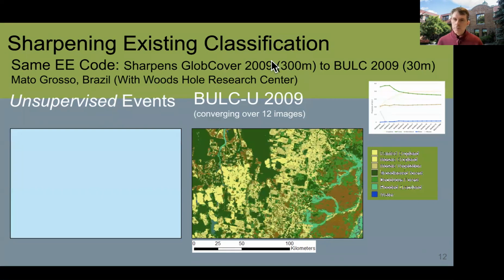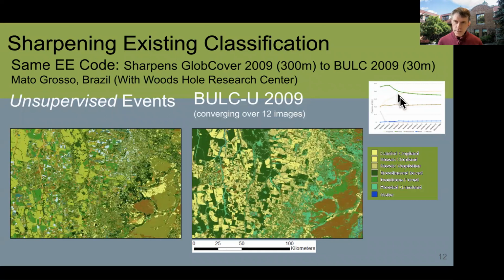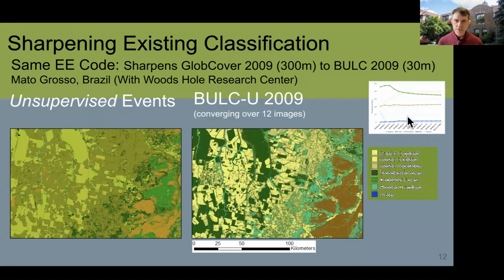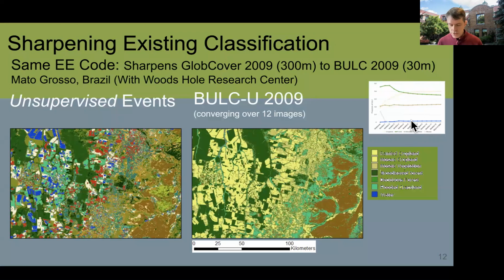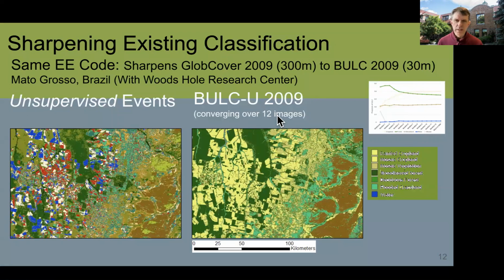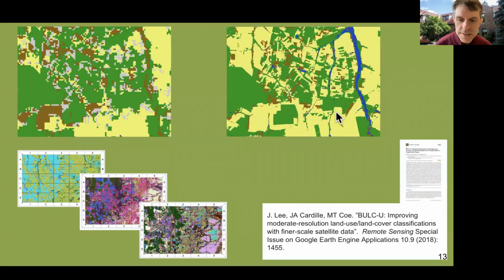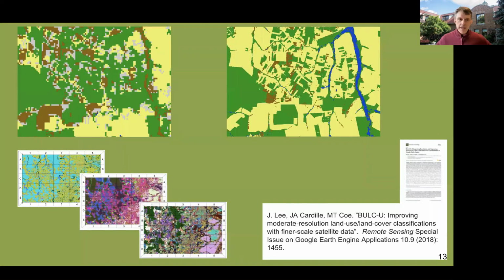So it was pretty amazing to watch it converge. You can see maybe just a little suggestion of how it converged over 6 or 8 images. We were pretty conservative and said that over the course of 10 images, it's converged. And so here you can see a close-up of that area.